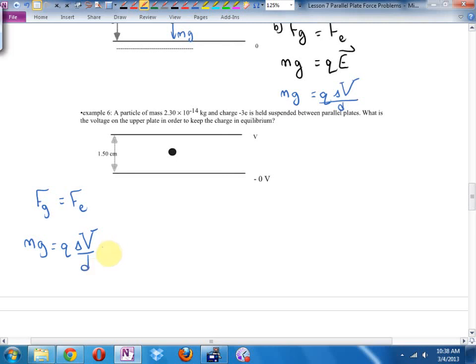What are they asking me to find in this question? Oh, get the V by itself. That's going to be m times g times the distance divided by the charge, I think. Mass, I think they gave it to me. Yeah, there it is, 2.3 times 10 to the negative 14.